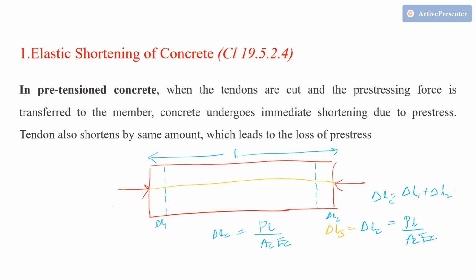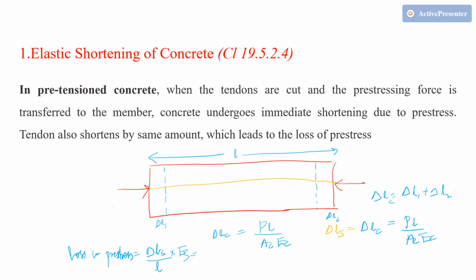So loss in pre-stress, as I have said, is equal to delta L by L into Es. So here I can write the loss in pre-stress is equal to delta Ls by L into Es.